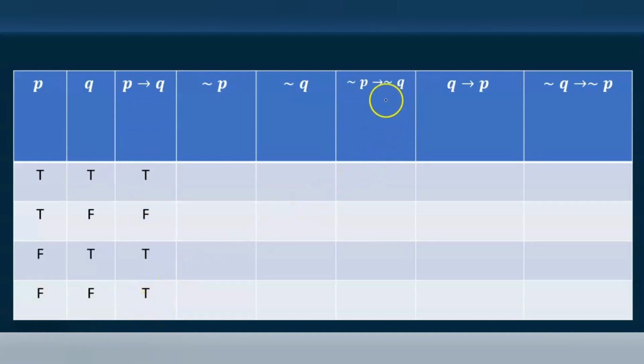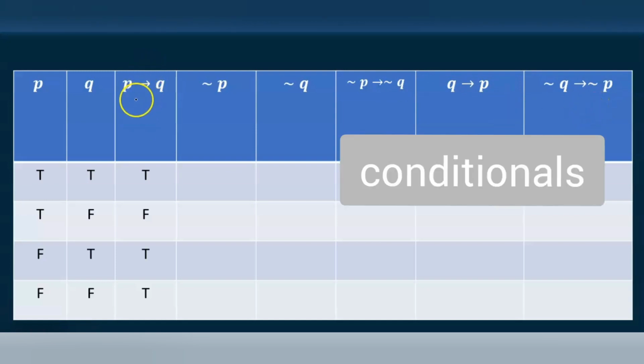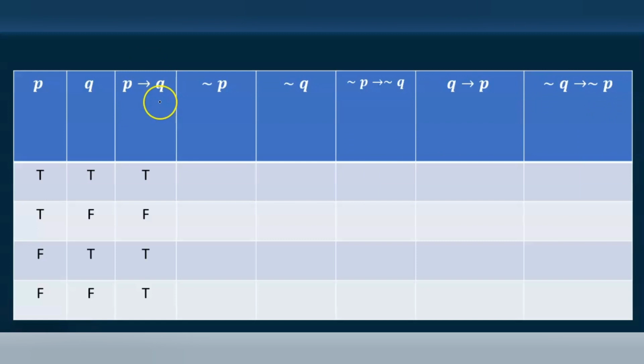Also, we have columns for not P implies not Q, Q implies P, as well as not Q implies not P. And for the last three columns, we need to have not P and not Q. Remember that not P implies not Q, Q implies P, and not Q implies not P are also conditionals. They are also implications. Just like P implies Q, which is obviously a conditional.